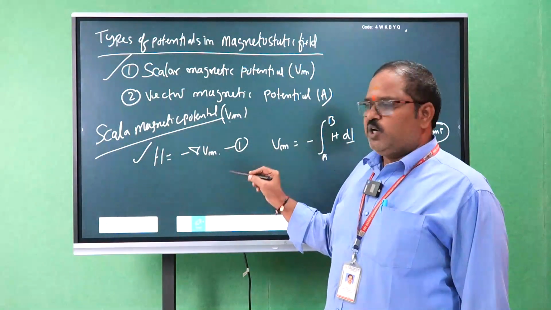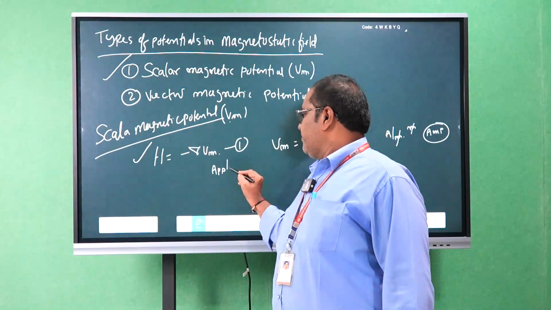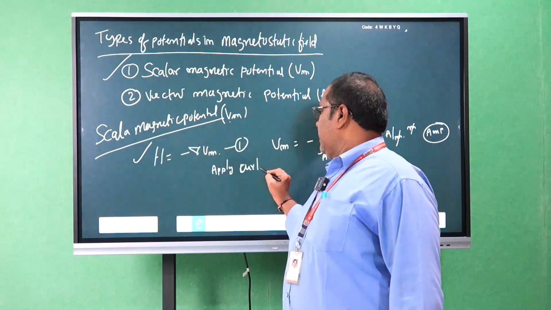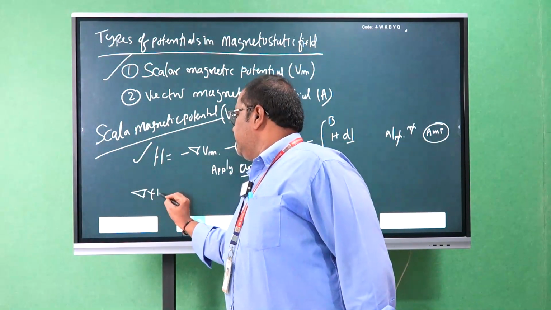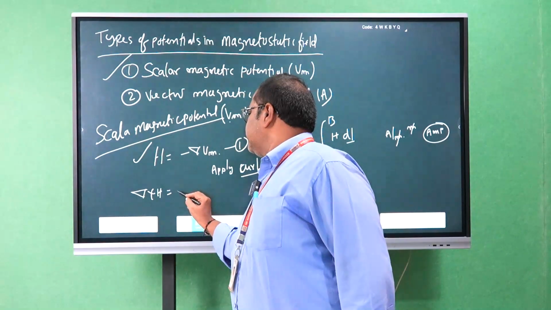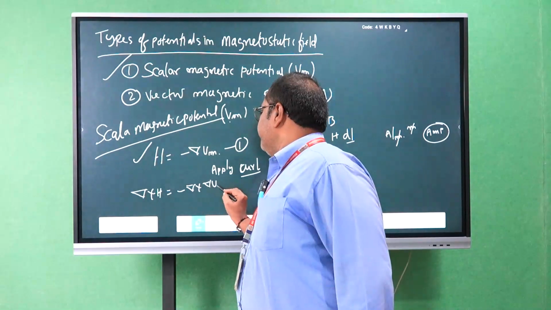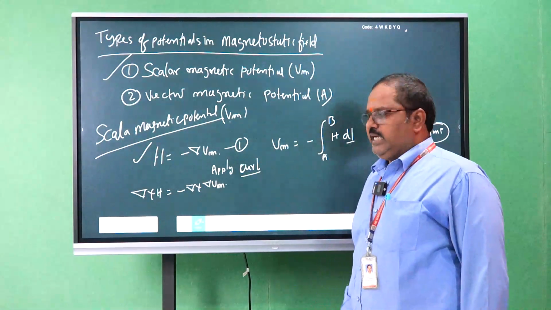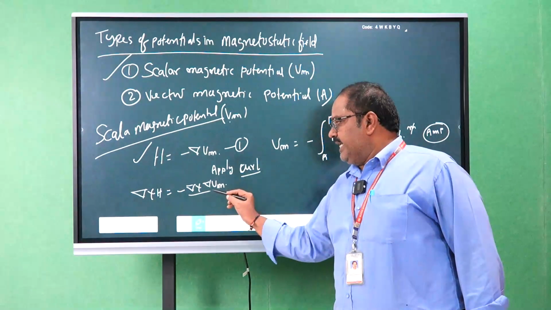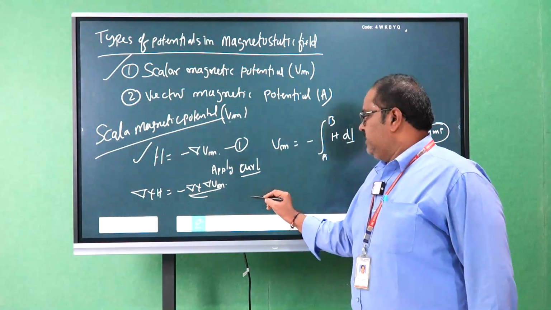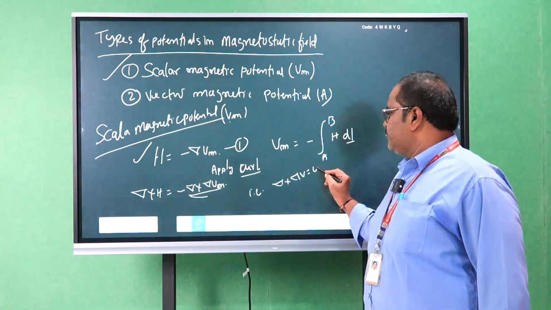Now apply curl on both sides of the above equation. Therefore, del cross H is equal to minus del cross del Vm. We know the vector identity that del cross del V is equal to 0.